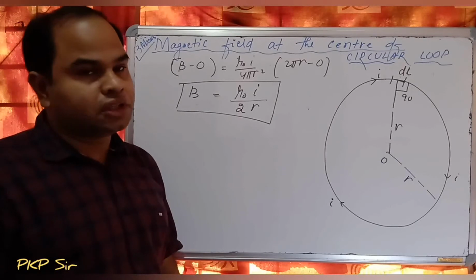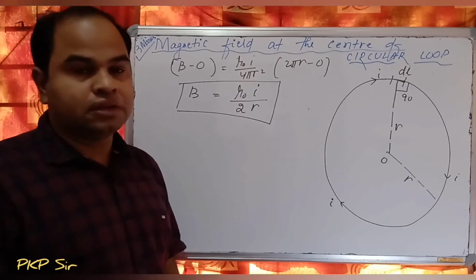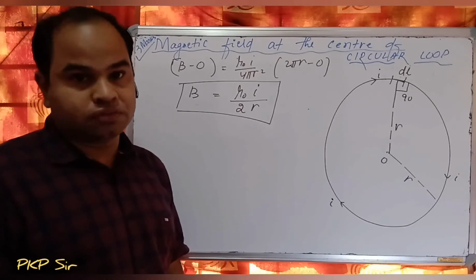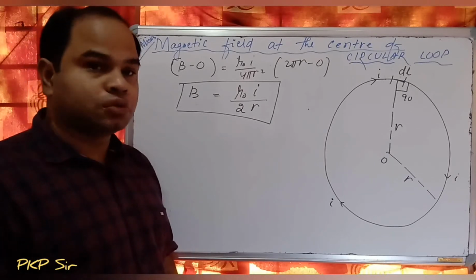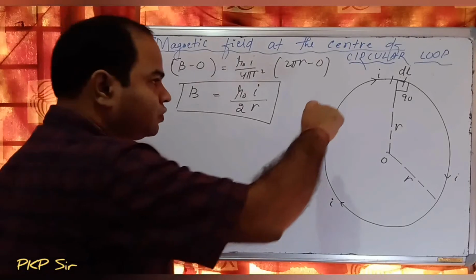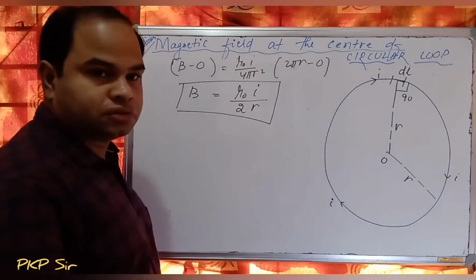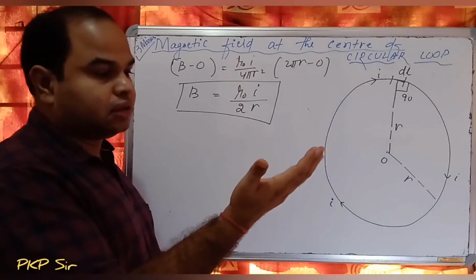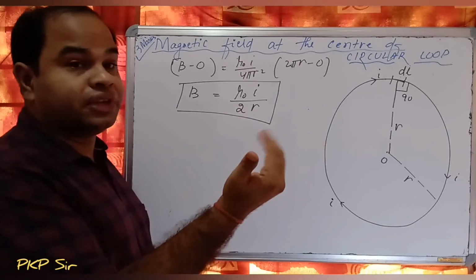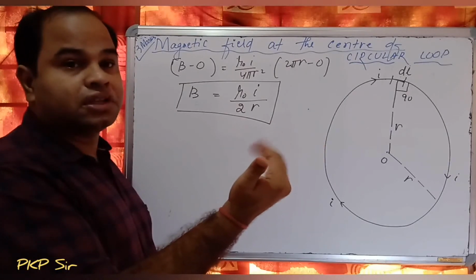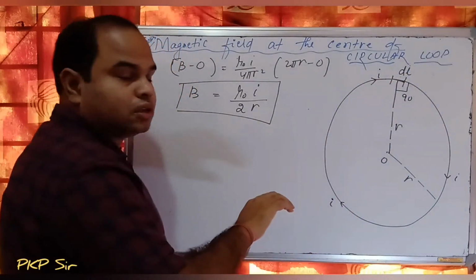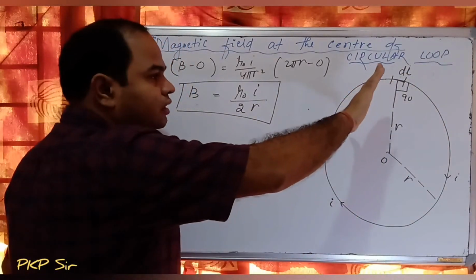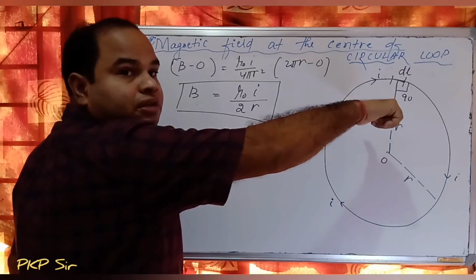The direction can be found by the right hand thumb rule. Suppose the current is flowing in clockwise direction. Take your right hand and curl the fingers along the direction of current.